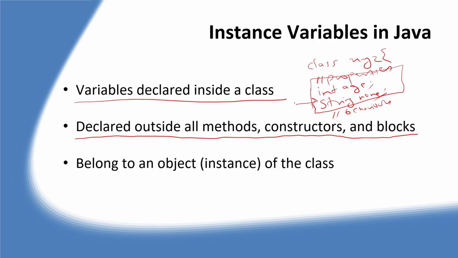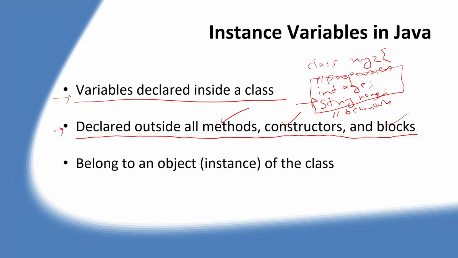Okay, so by definition they are saying variables declared inside a class. Okay, these variables are declared inside the class, correct? Second point is saying declared outside all methods, constructor and blocks. So inside class we will be having methods, constructor and many more blocks.